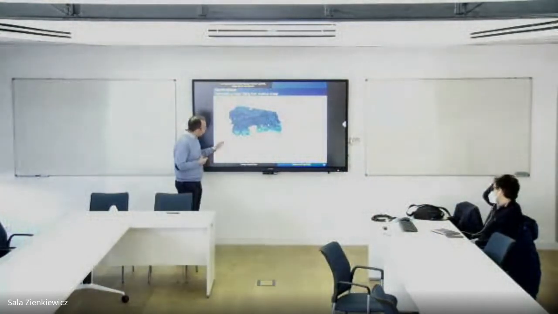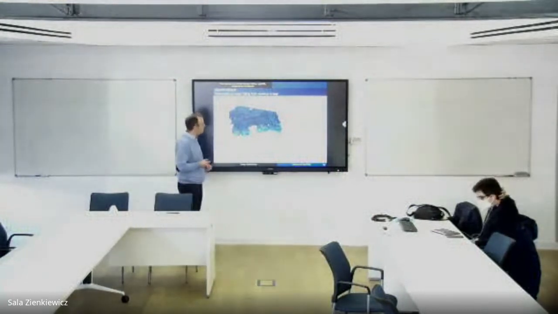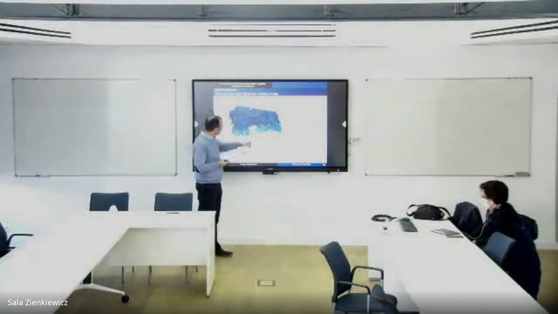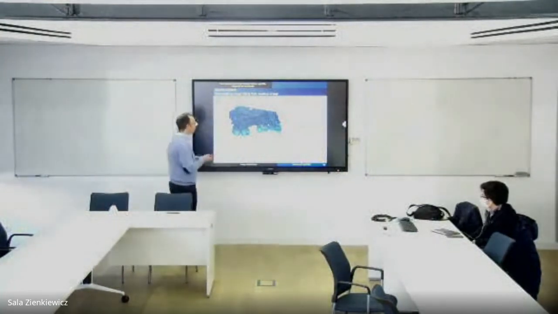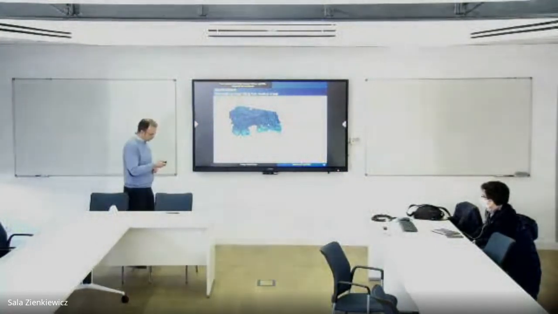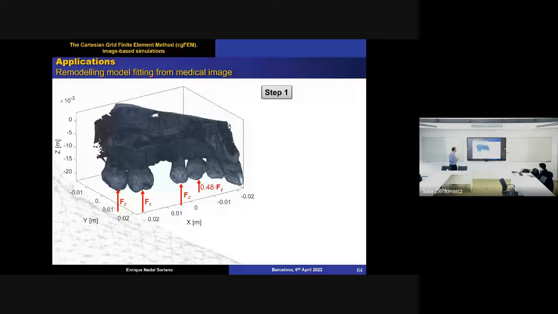Then we assume that the load is similar, and we know by bibliography that for this tooth it's only more or less half of the vertical load from the other ones. So we optimize FZ, and we have 111 newtons.